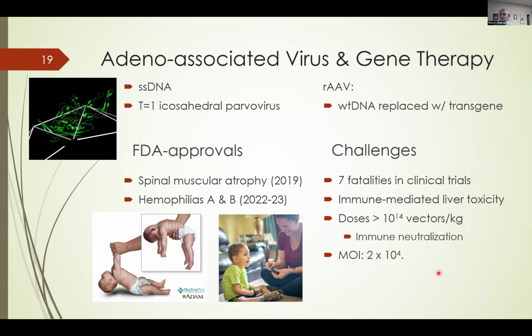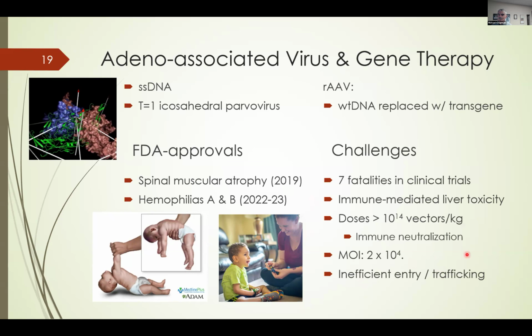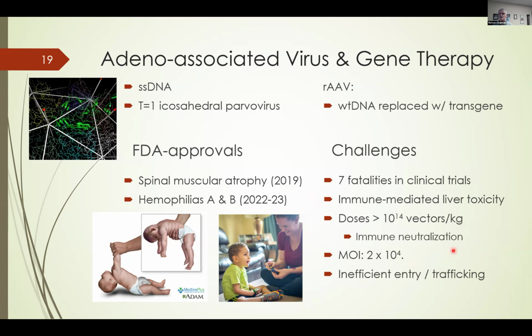The biggest problem is that it takes thousands of virions to guarantee that you'll get a single copy of DNA into the nucleus of a cell. And then also, we've got to remember that this is a virus, that our immune systems are targeting the vector unless we've got immune suppression. And so combine these together, and we're using very large doses.